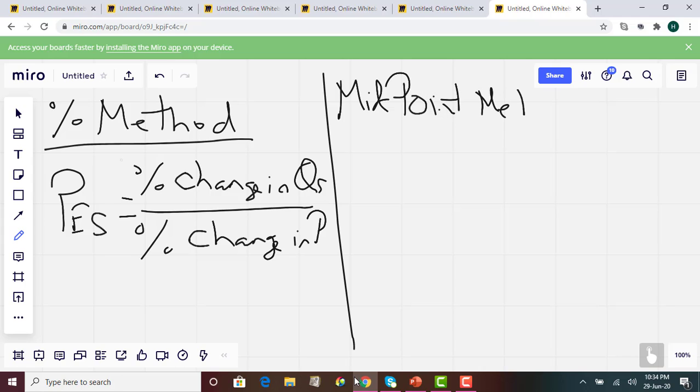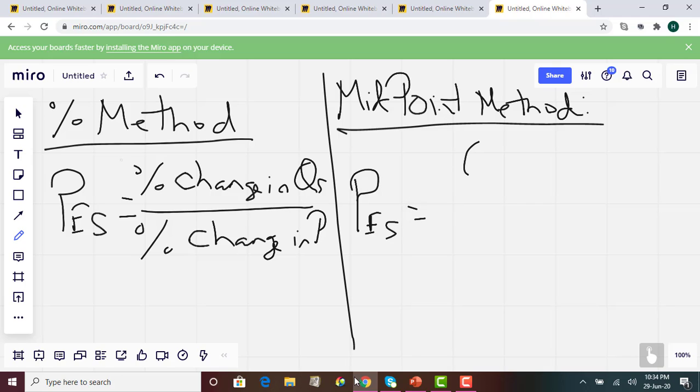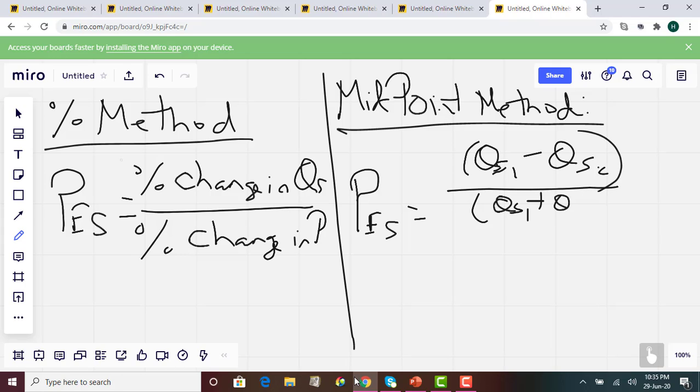to the demand side. We have the numerator, we have the denominator, and we calculate based on that. Okay, so price elasticity of supply is equal to (QS1 minus QS2) divided by ((QS1 plus QS2) divided by 2).